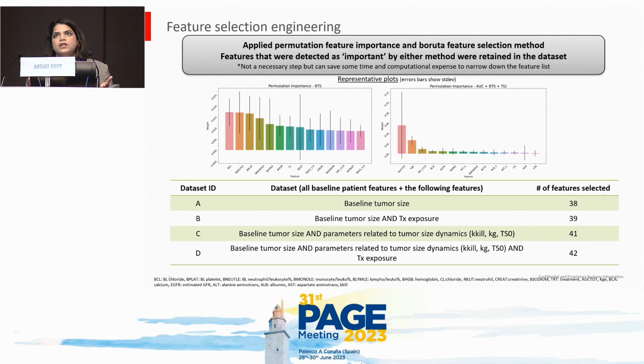But because it was taking too much time on the clusters, even with so much computational power, we decided to run this first and reduce the feature space. These are just representative graphs for feature importance that we did using permutation importance, and then we also performed the Boruta method. Anything that came out as a significant contributor, we kept. So the feature list was significantly reduced from about 100 features to 38 to 42, depending on the data set.